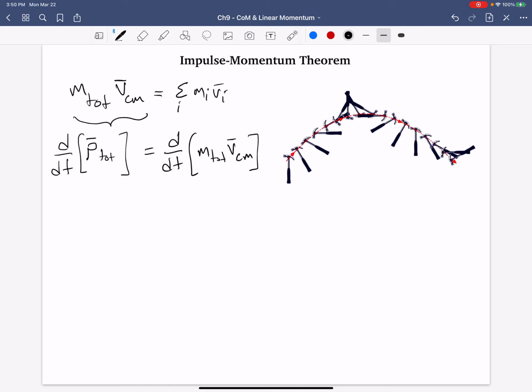So both of these are true now. Let's see what happens. Well, what is the right side? Let's do that first. The mass is not changing, right? As this hammer is tossed through the air, it doesn't break apart. So the total mass is staying constant, right?